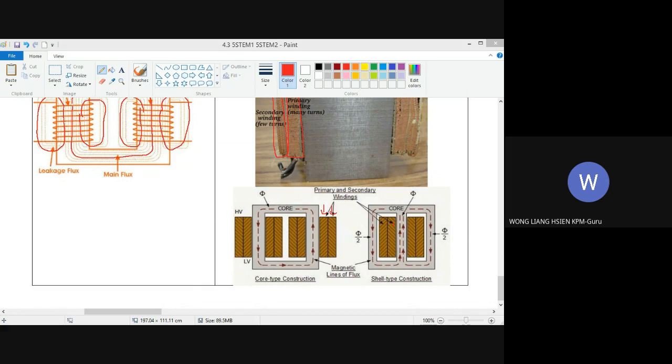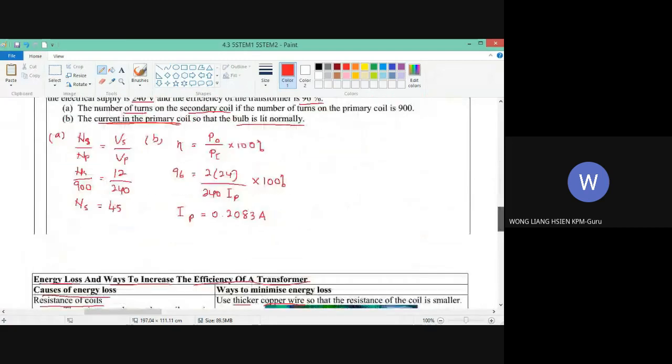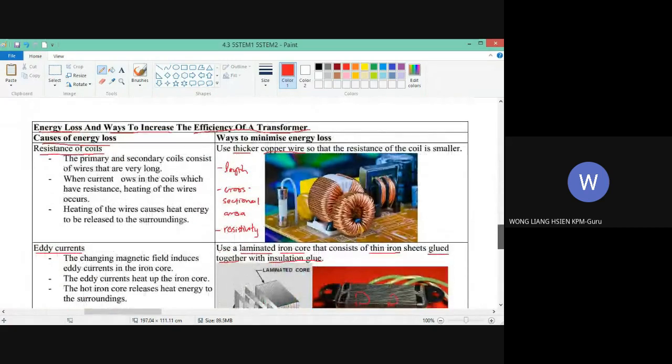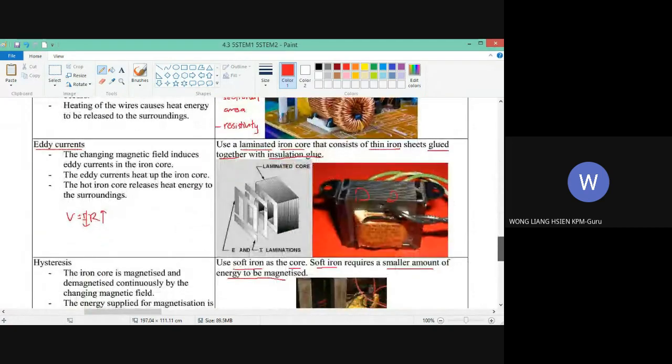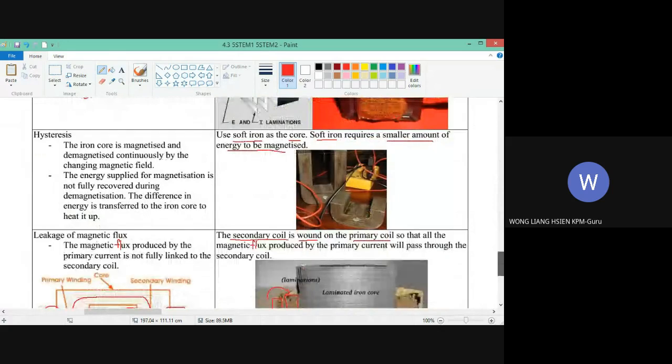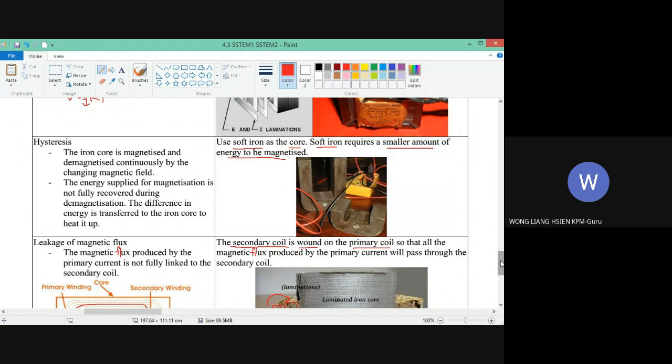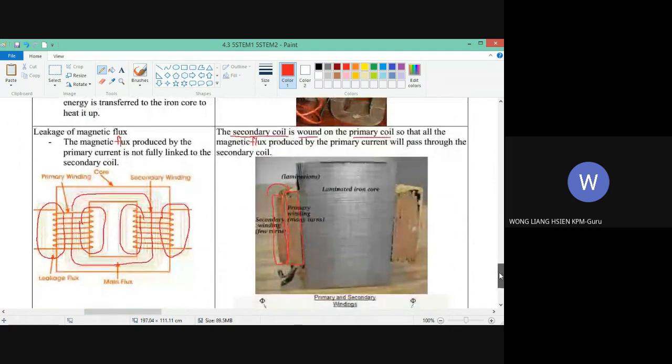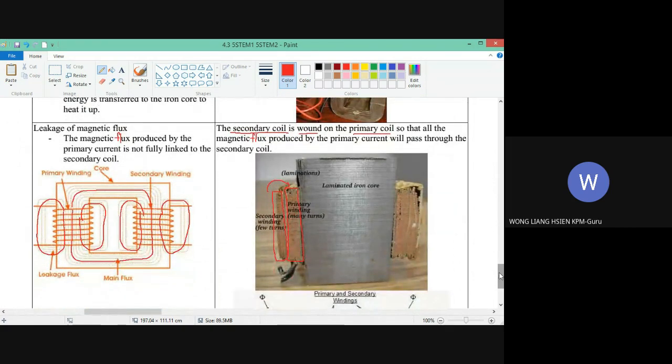You can say that you reduce. You say that this method can reduce: reduce the resistance, reduce the eddy current, reduce the heat generated from hysteresis, reduce leakage of magnetic flux. You must say reduce.